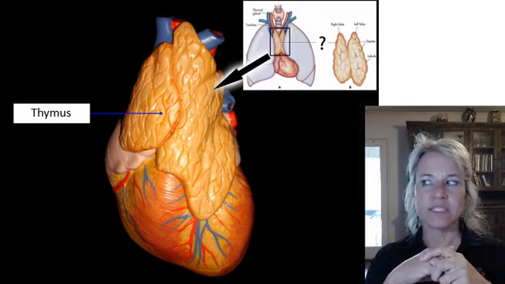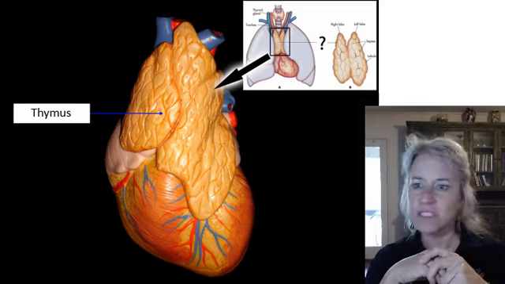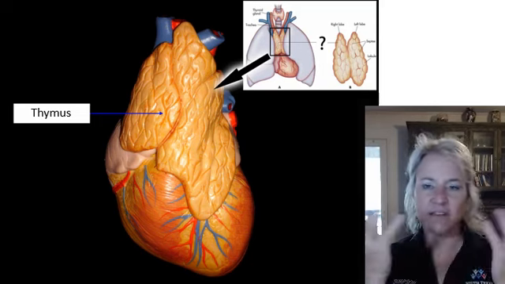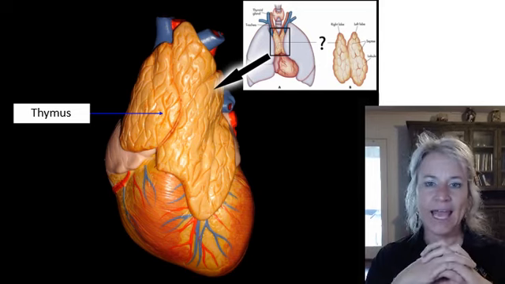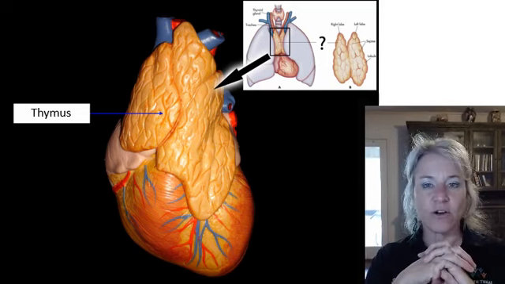The thymus is a vital organ because it sets up your immune system. If you're born without a thymus, you will not have an immune system. You can't fight even a common cold, and you will die. So this is why it is considered vital.